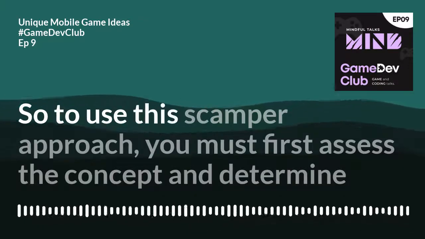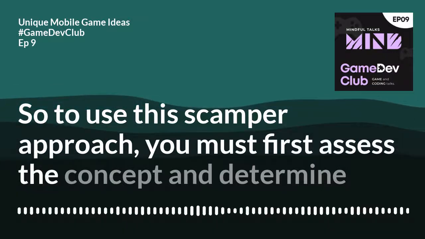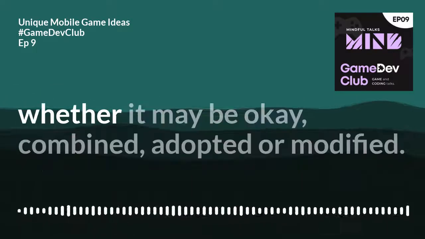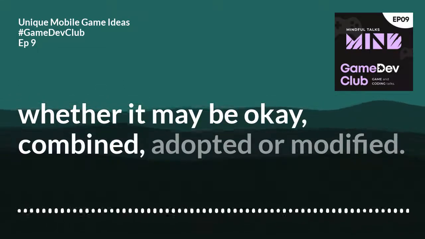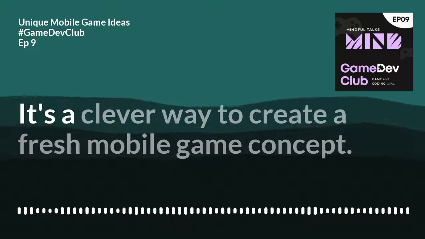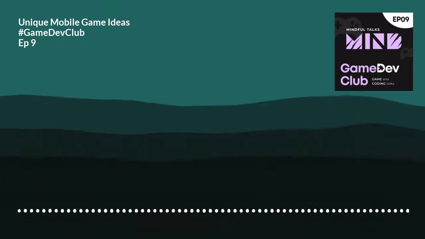To use this SCAMPER approach, you must first assess the concept and determine whether it may be combined, adopted, or modified. It's a clever way to create fresh mobile game concepts.